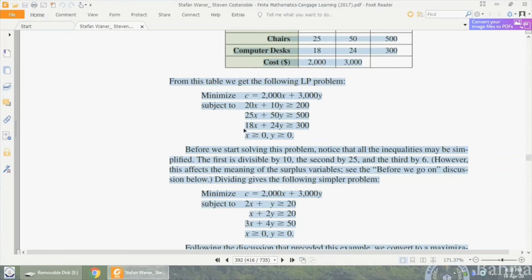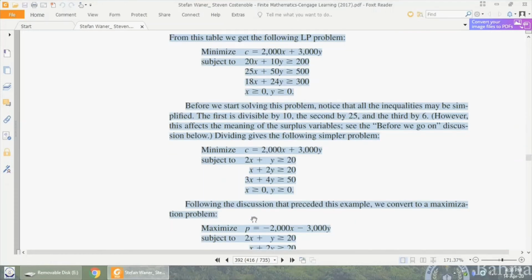And then we simplify this to give us these simplified constraints.